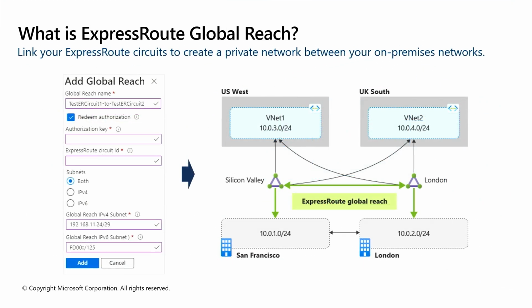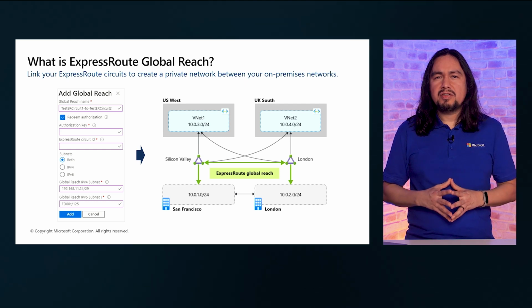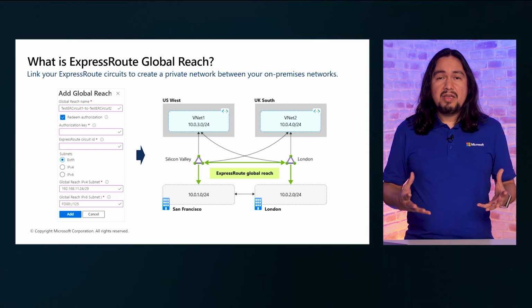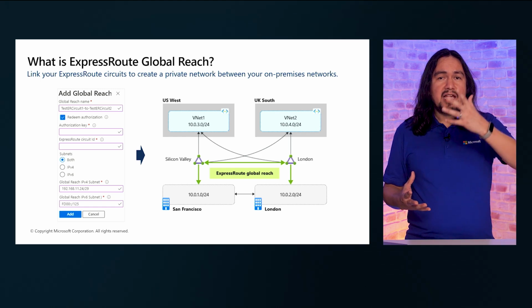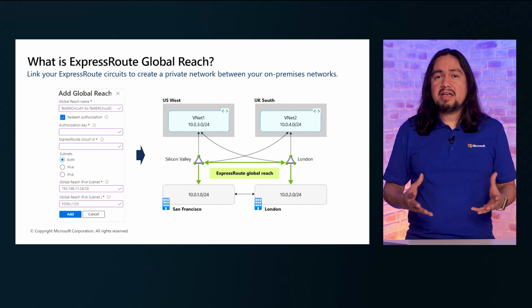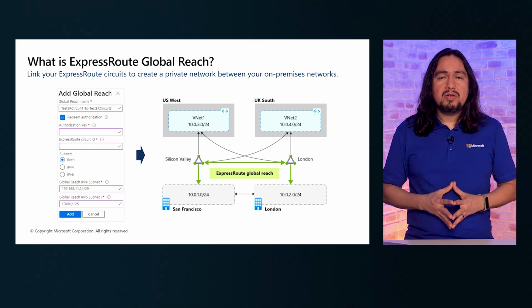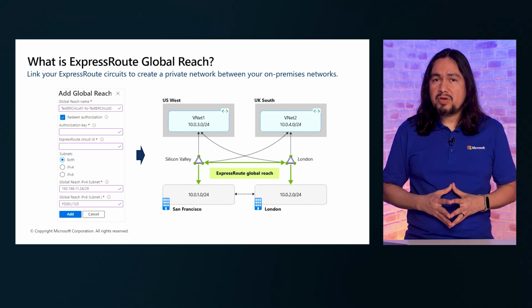Now let's imagine for a moment that your company has different locations around the world. How do you communicate between those locations nowadays? Maybe you're using a satellite connection, and maybe it is not as reliable or as fast as you want it to be. That's why we also provide you with a feature called Azure ExpressRoute Global Reach.